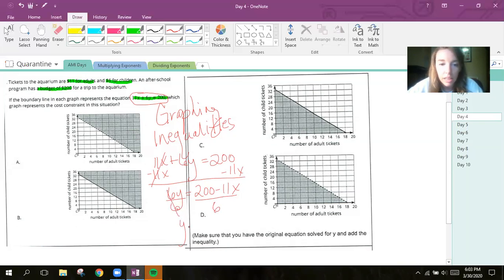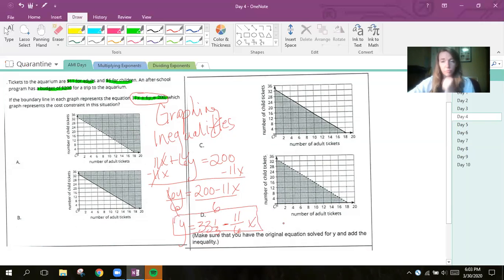We have y equals 200 divided by 6. Let me get out my calculator. 200 divided by 6, that's going to be 33 1/3 minus 11 over 6x. Okay, so there is our equation.